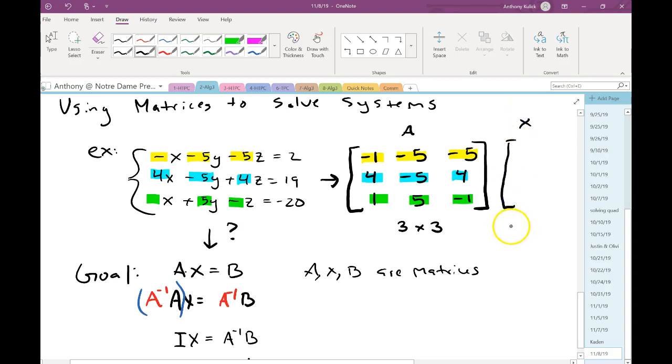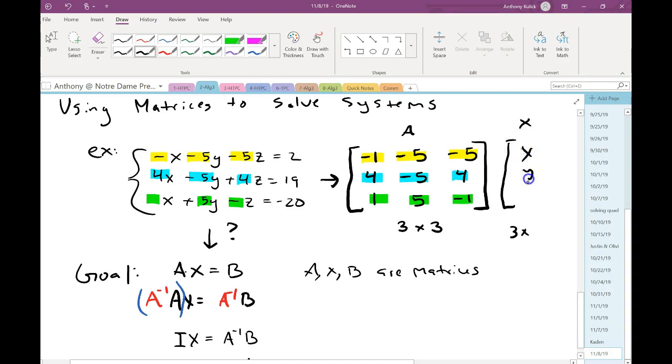So I know my matrix X is going to be a 3 by something, right? What are the variables we need to solve for in this problem? X, Y, and Z. Well, that's 3 things, right?